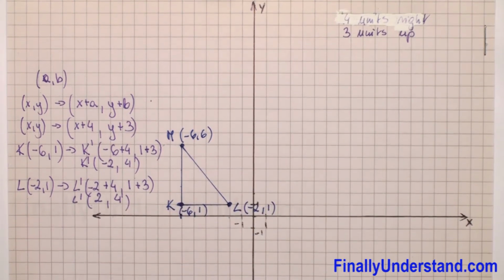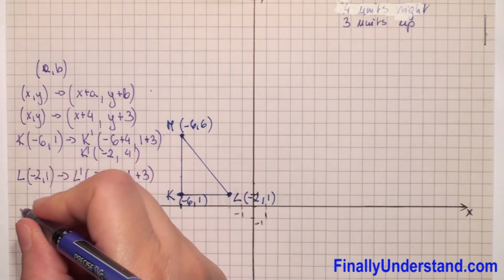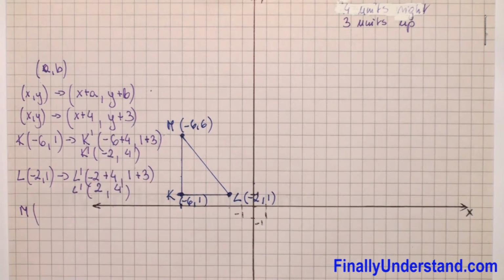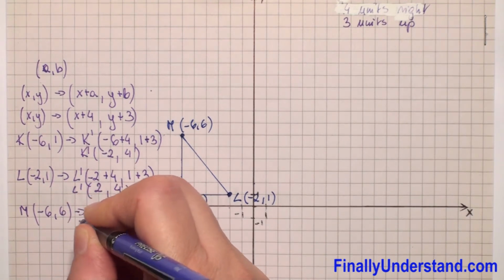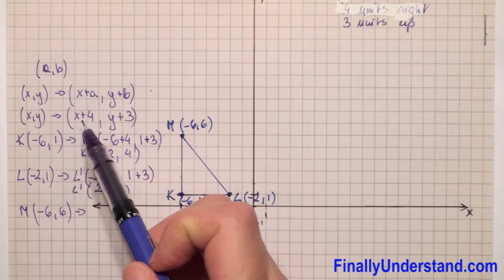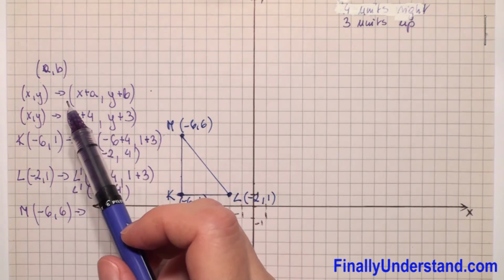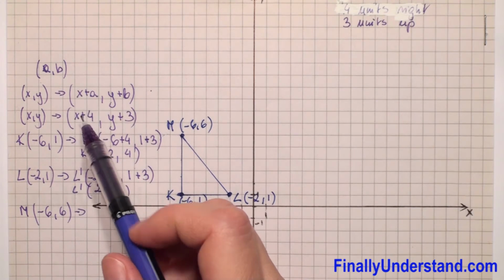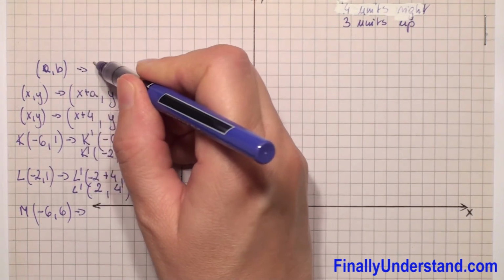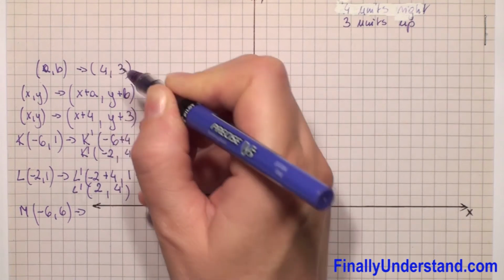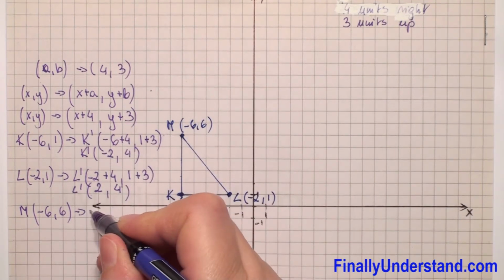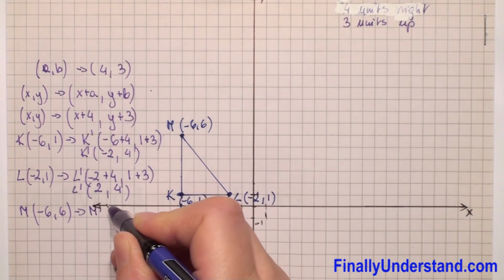And point M has coordinates (-6, 6). After translation by vector (a, b), in this example a is 4 and b is 3, we will have point M prime.